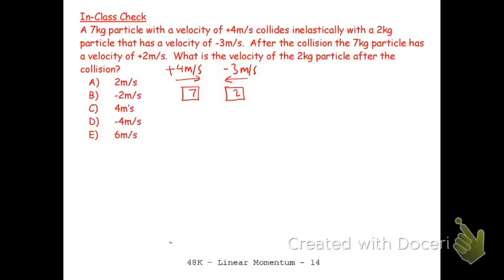And then we have our collision. After the collision, the 7 kilogram particle has a velocity of plus 2 meters per second. What is the velocity of the 2 kilogram particle? There's only one unknown velocity, so I'll call it V.